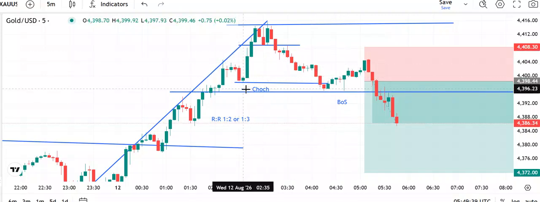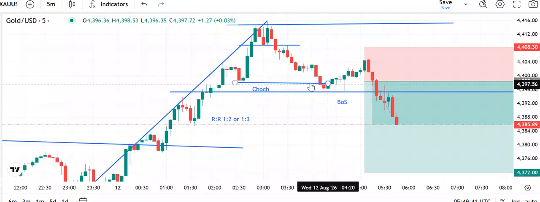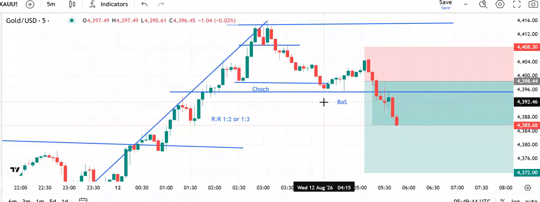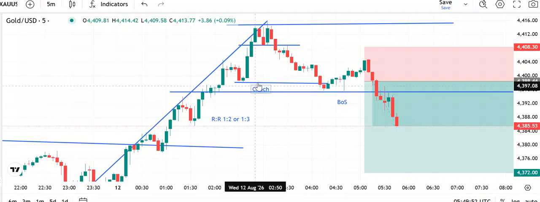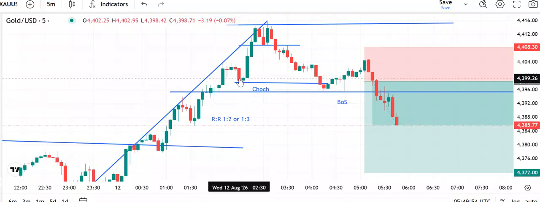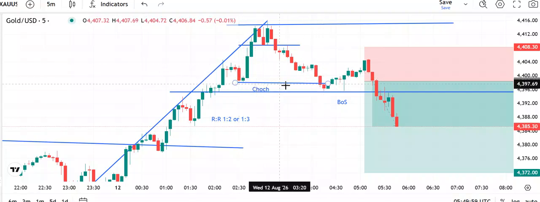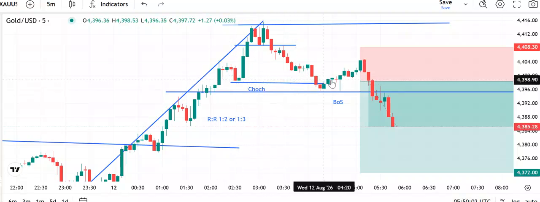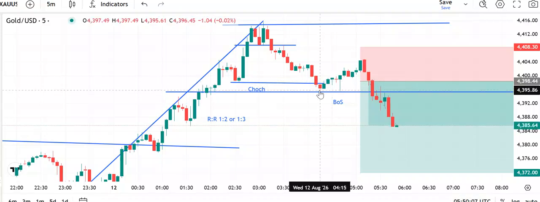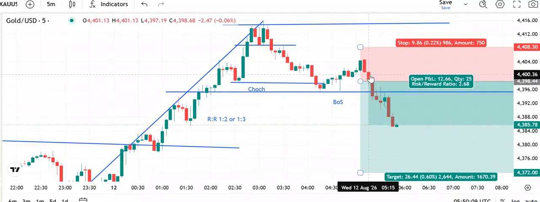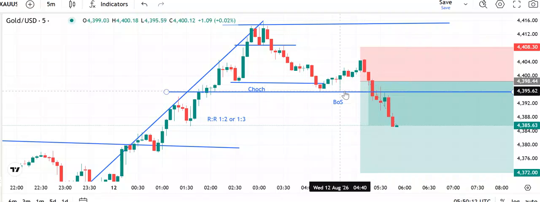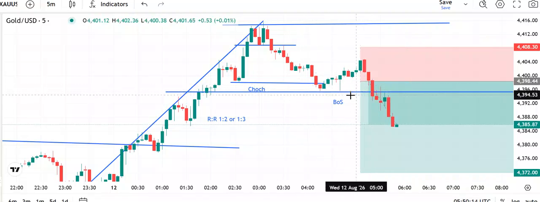In as much as you can identify your swing properly, you should be able to identify all these features that I mentioned. If you are able to determine that this particular point is a swing and price breaks it, you should be able to note that that is a change of character. If you are able to identify that this is a swing and price breaks it, you should be able to note that this is a break of structure.